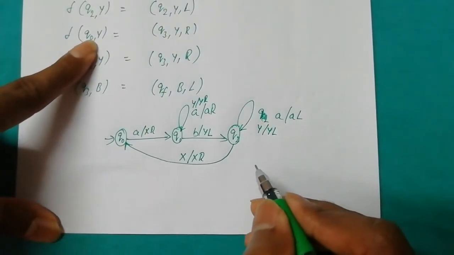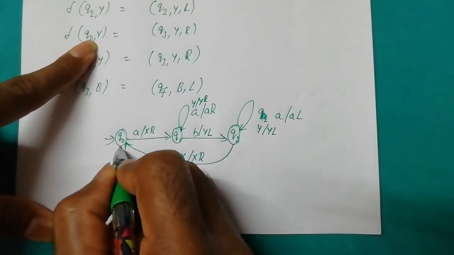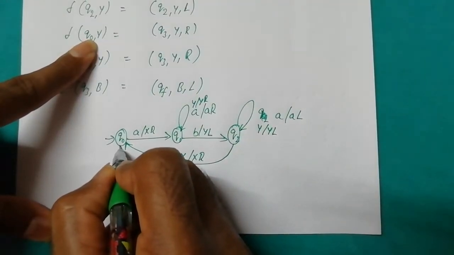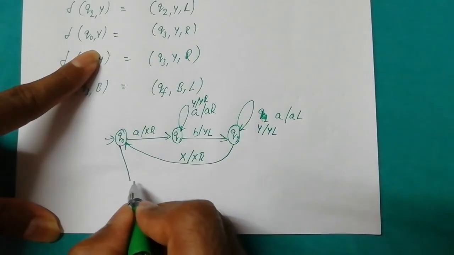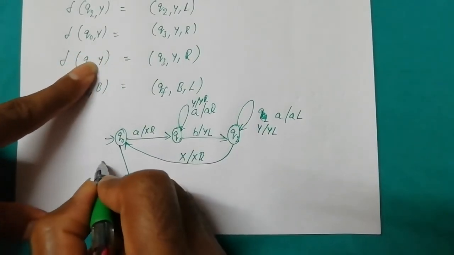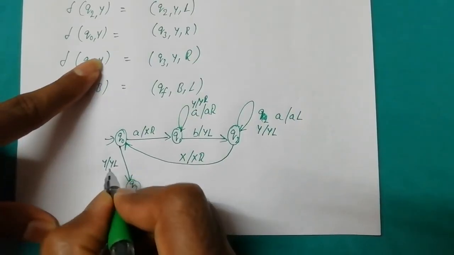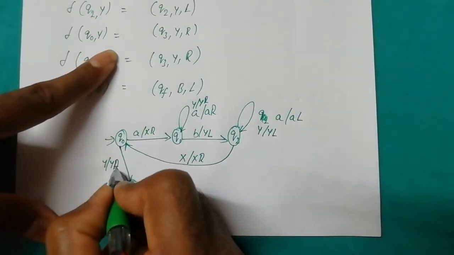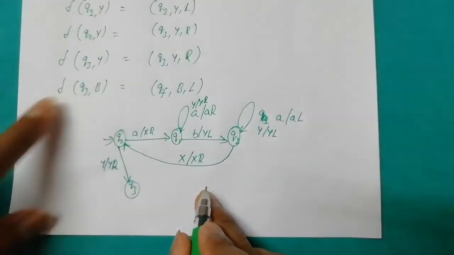Next, Q0 comes across with Y, we move to the state Q3, we keep that symbol as it is and we move one cell to the right direction.